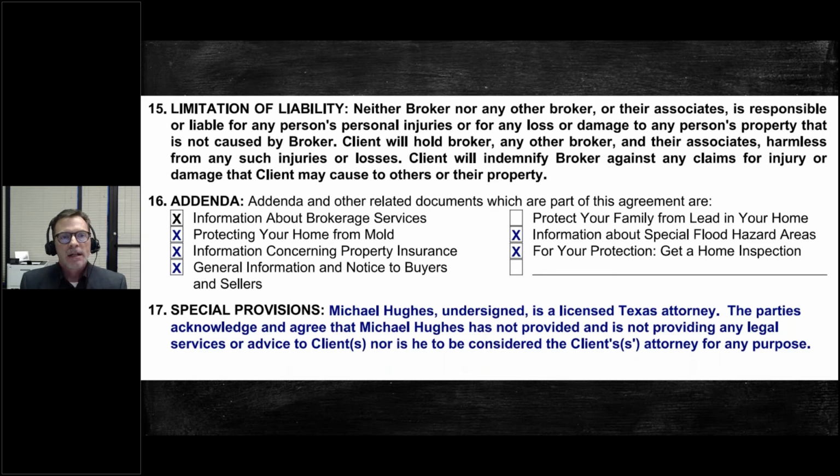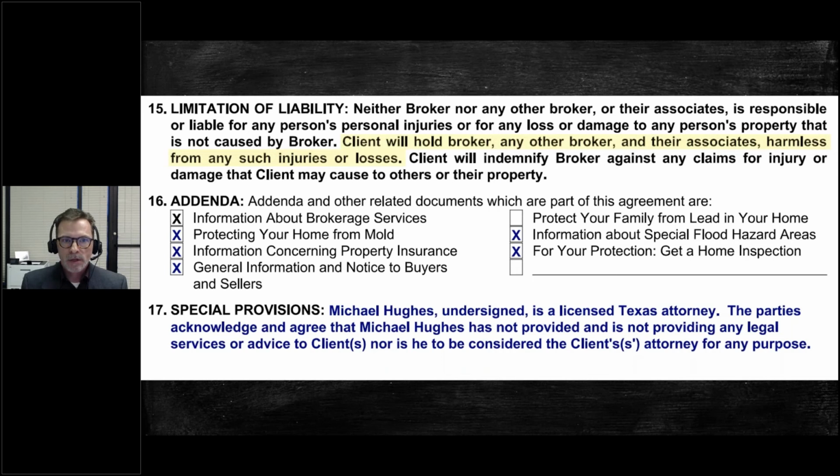So check out this first sentence. Neither broker nor any other broker or their associates is responsible or liable for any person's personal injuries or for any loss or damage to any person's property that is not caused by the broker. Big, huge blanket statement saying, if we didn't cause the harm, we're not responsible for it.